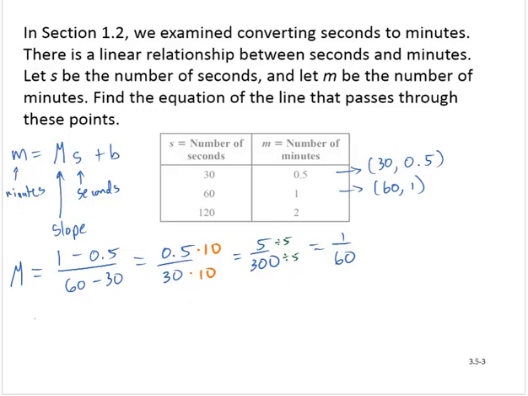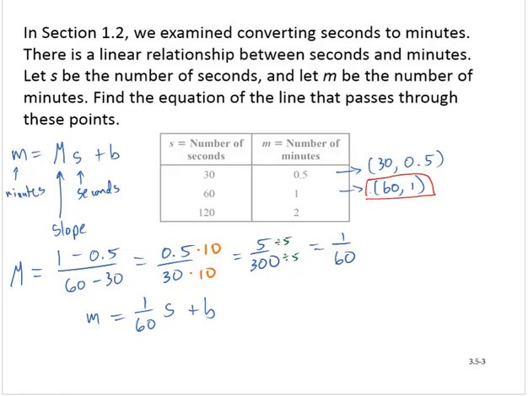So now I can revise my model and say the number of minutes is 1/60th times S plus B. Now I will use one of the ordered pairs. I'm going to just use the second ordered pair, 60, 1.